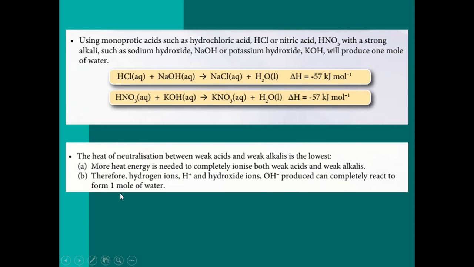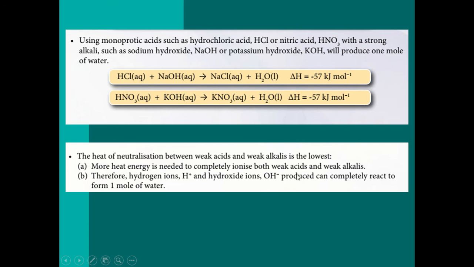Okay, and the last direction ataupun condition between the weak acid and weak alkali, so it will produce the lowest heat of neutralization. Why? Because the more heat energy is needed to completely ionize both weak acid and weak alkali. Jadi bila dah guna dua-dua lemah, jadi lagi banyaklah tenaga haba dia perlukan untuk completely ionize the weak alkali and weak acid.